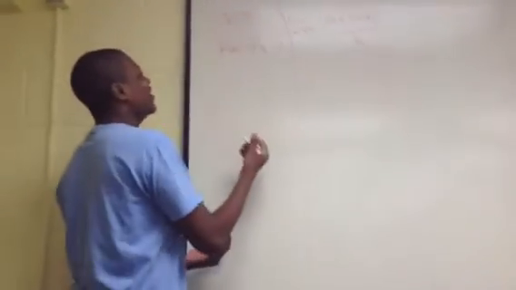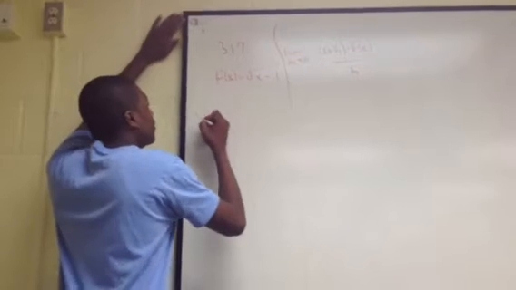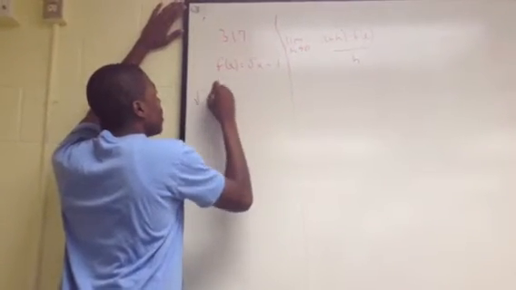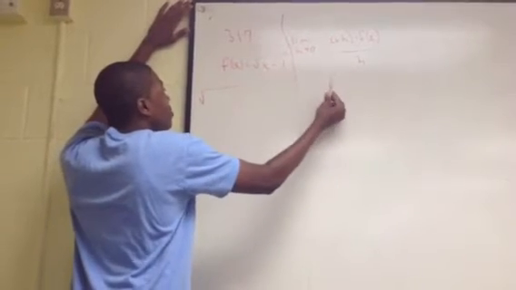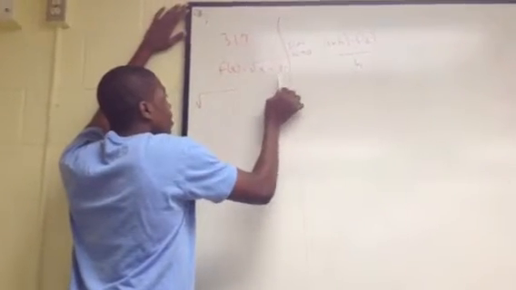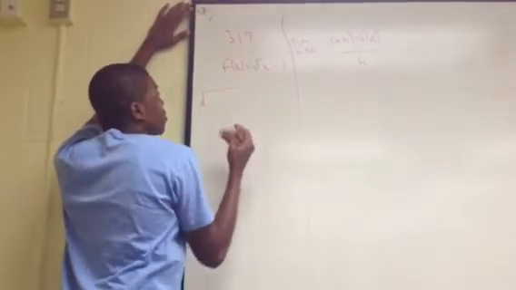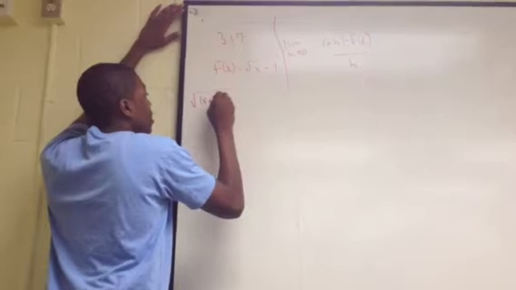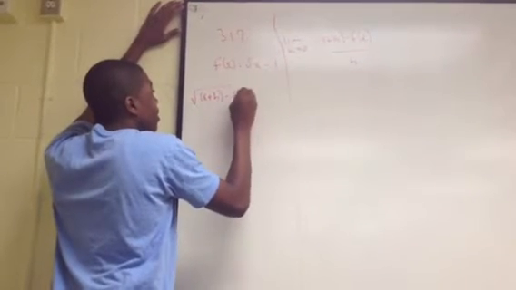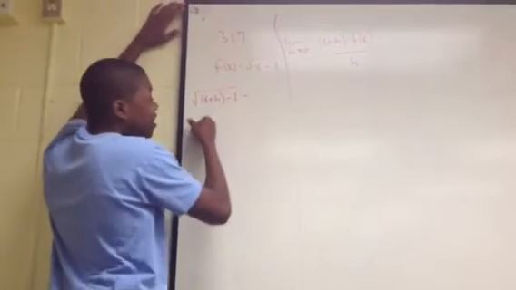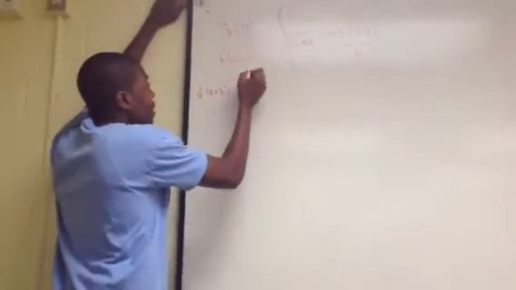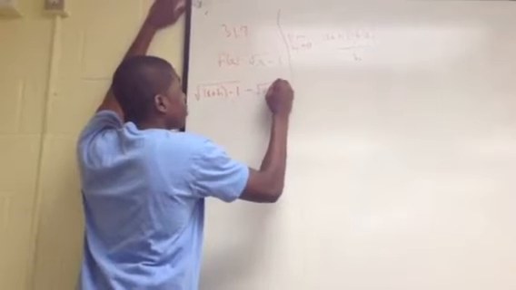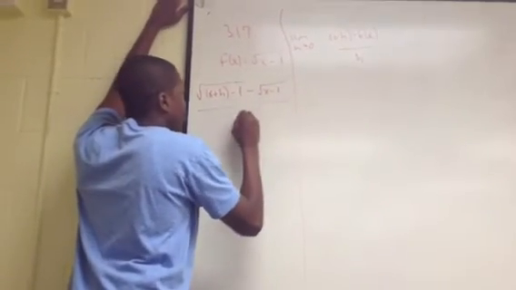Okay, so first, we get the square root of... To do this, you plug in x plus h whenever you see an x. So, the square root of x plus h minus 1, all that's under the radical, minus the function, which is the square root of x minus 1, all over h.